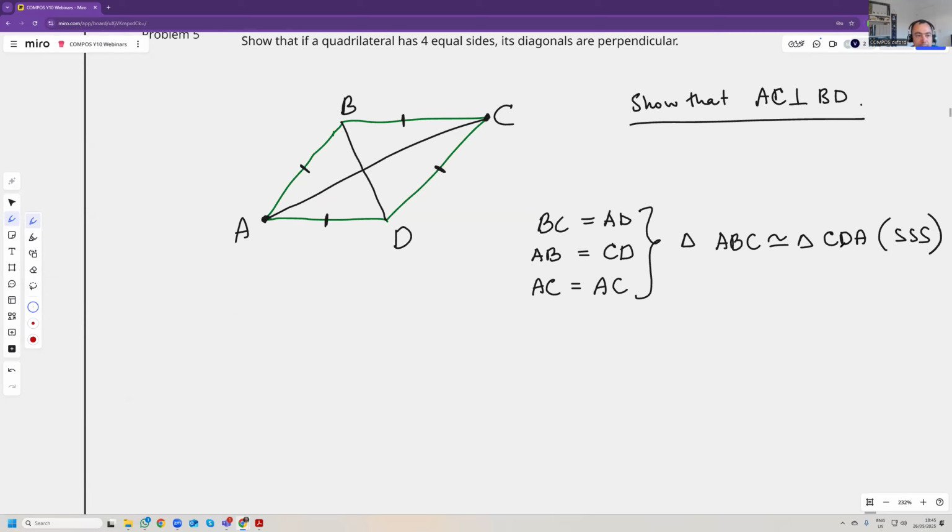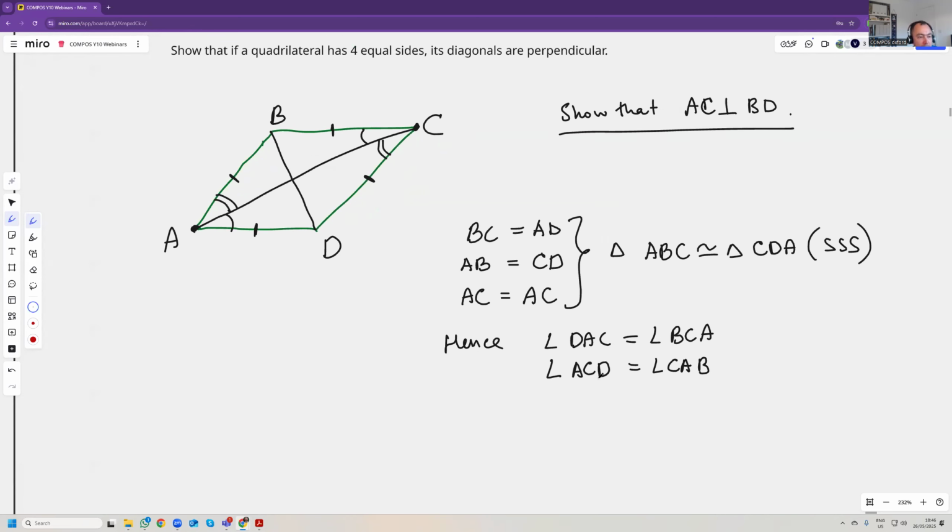And that means that angle DAC is equal to angle BCA, and angle BAC, this angle is equal to this angle. Angle ACD is equal to CAB. Okay.